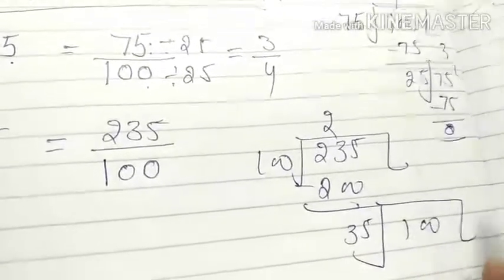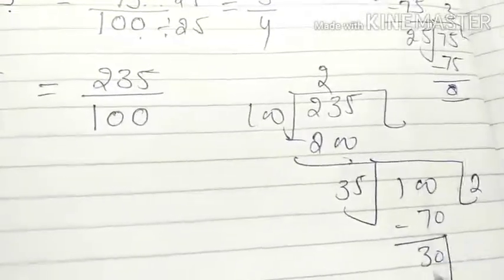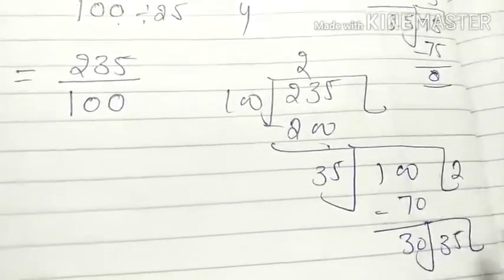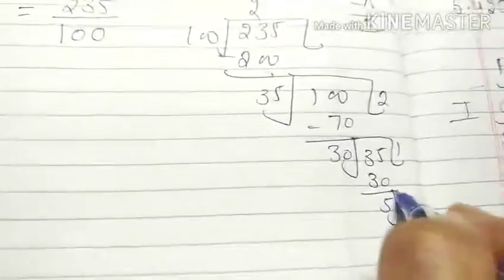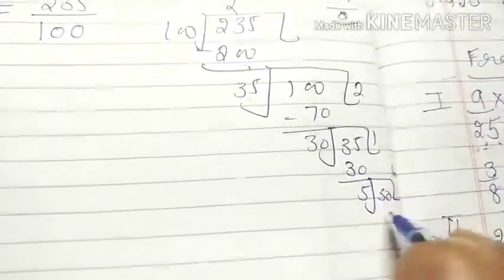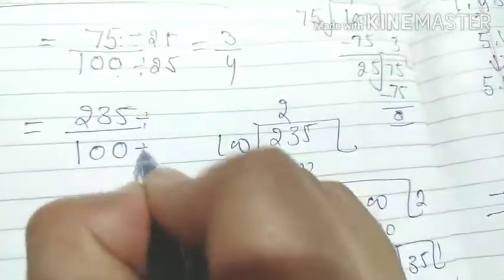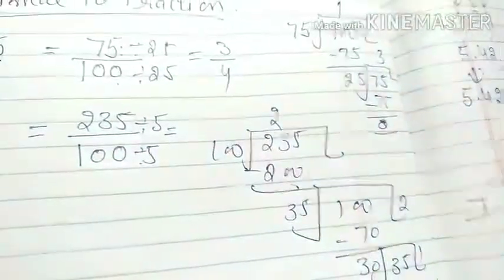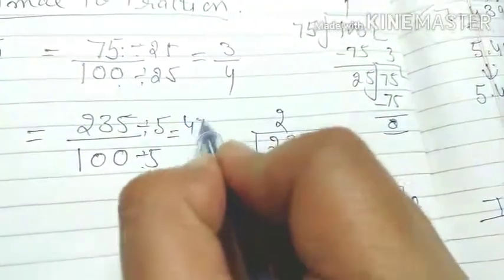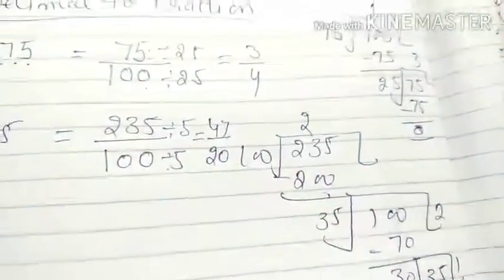Then 35 2s are 70, which gives me 30, then 30 1s are 30 and 5 is left, then 5 6s are 30. Now here the remainder is 0. So it means my HCF is 5. Now I divide both numbers by 5. So 235 divided by 5 gives me 47, and 100 divided by 5 gives me 20.